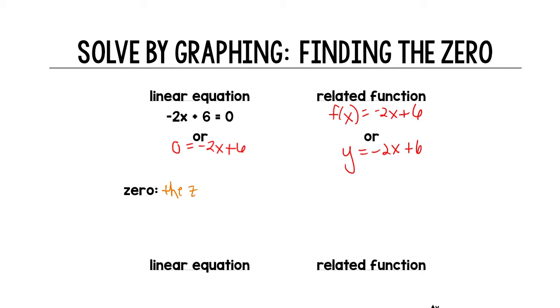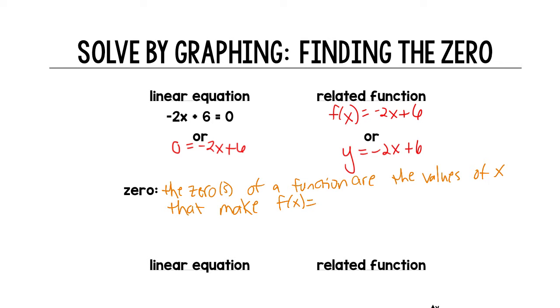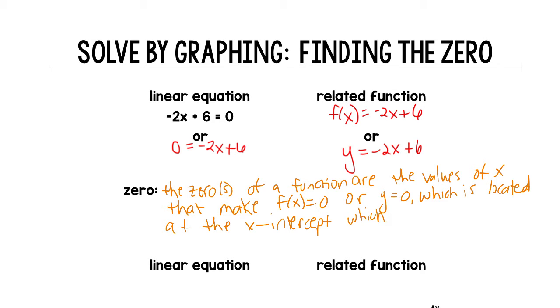So the zero or the zeros, either one, of a function are the values of x that make f of x equal to 0 or y equal to 0, which is located at the x-intercept, which is called the root.